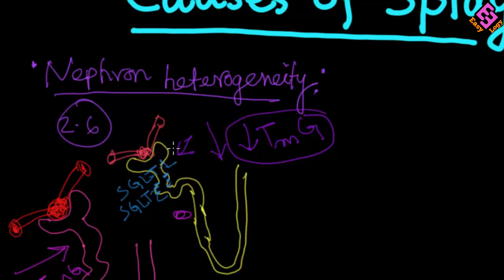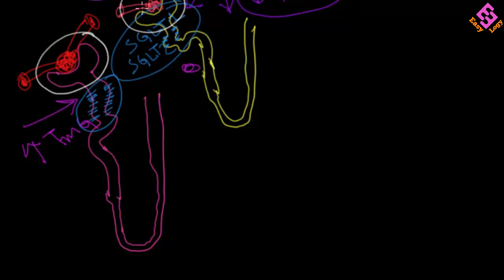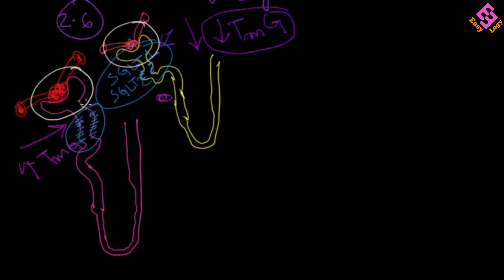This is one nephron, and the density in this nephron may be higher, so the reabsorptive capacity of these two nephrons will be different, and the size of the glomeruli may also be different. This one is smaller, this one is larger, so it can handle more filtrate or glucose.